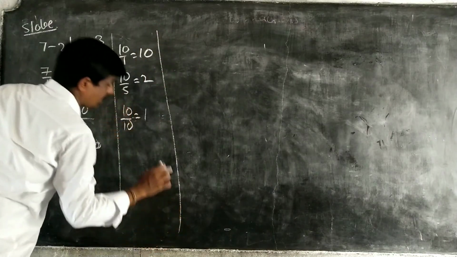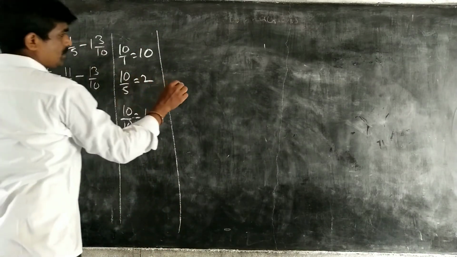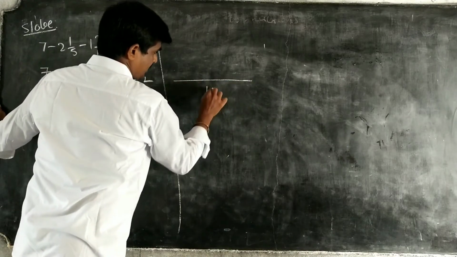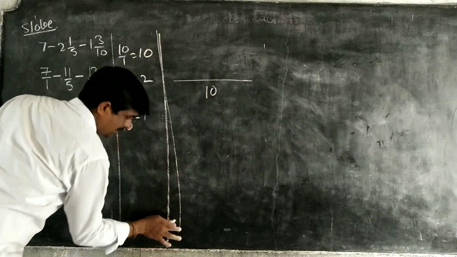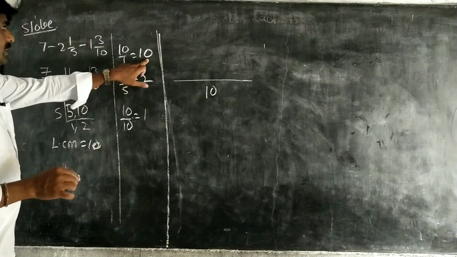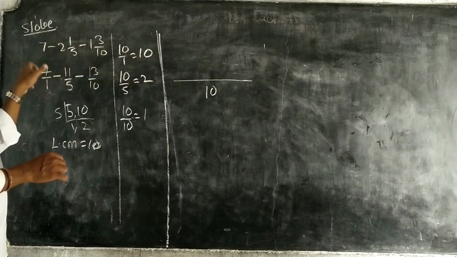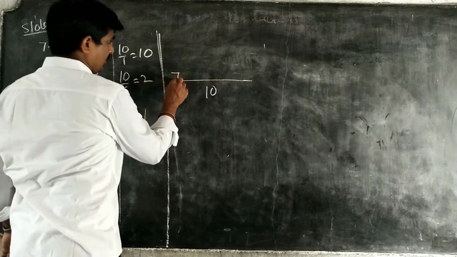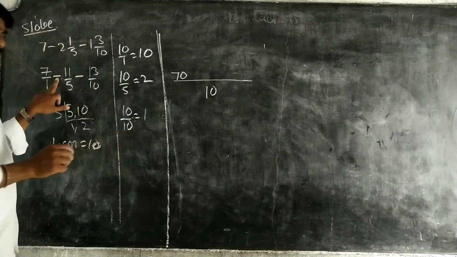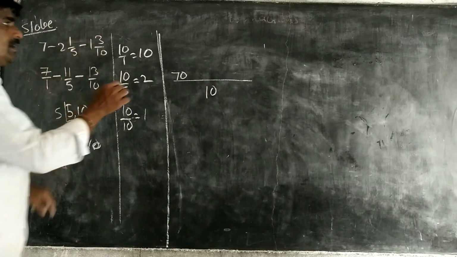One step is over. Next, I have to write LCM is 10, which I already wrote. Next, 10 into this numerator, this coefficient into this term. 7 10s are 70. Here minus is given. If minus is given, you have to write minus. Plus means plus.